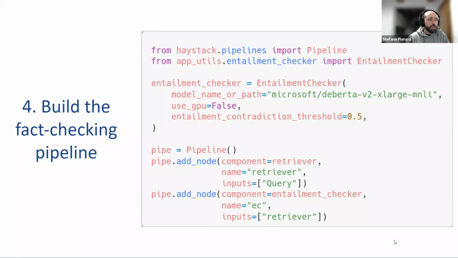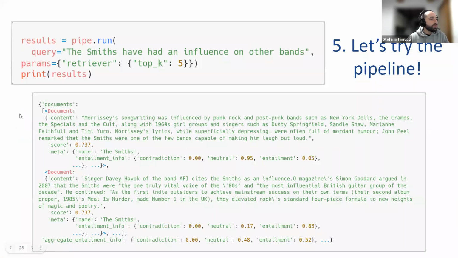And now we can use this fact-checking pipeline. For example, we pass to this pipeline the statement: "This means have had any influence on other bands." And we also specify for the retriever to return the top 5 textual passages.